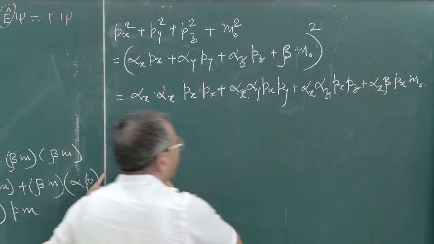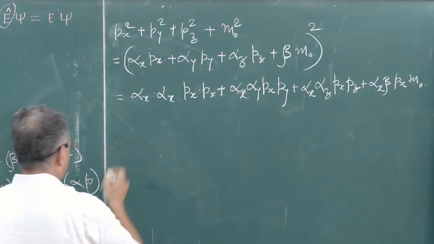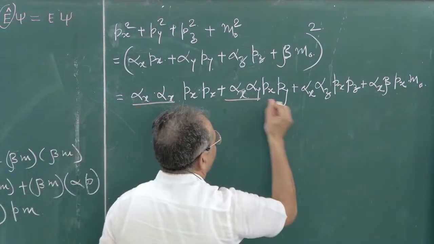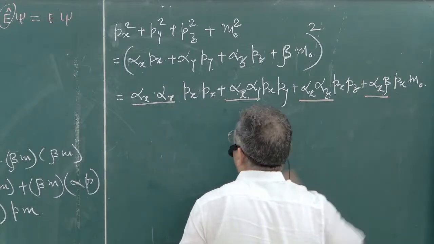So this way you can raise 16 elements, wherein this will be alpha x square, this is alpha x alpha y, alpha x alpha z, alpha x beta.